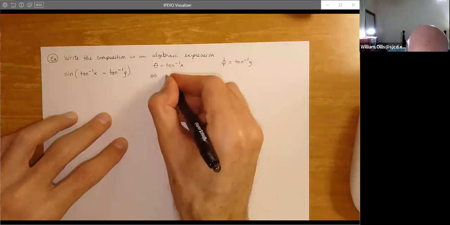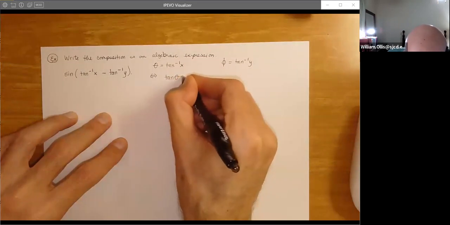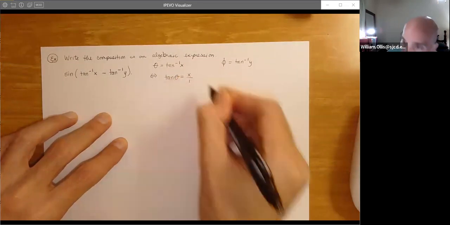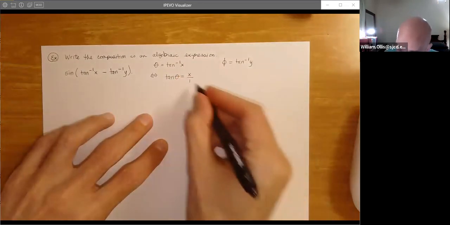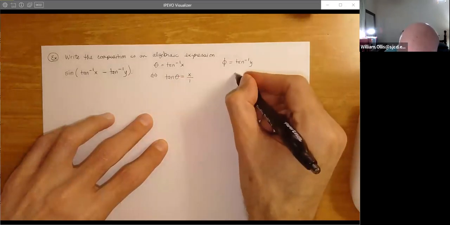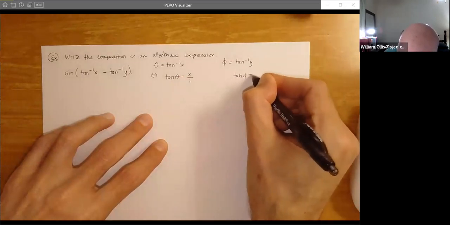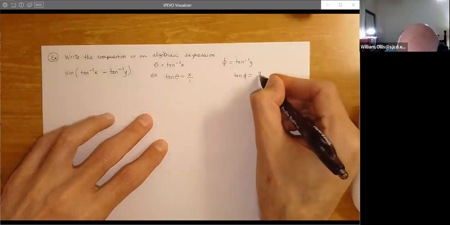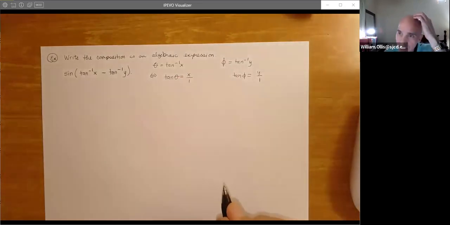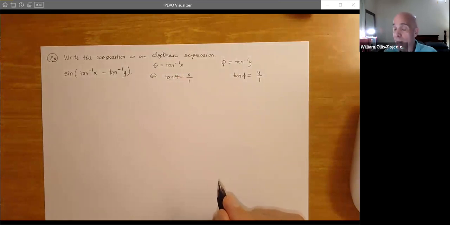We've done this a million times. So tangent of theta is x over 1. Just write it as a ratio. We choose this because it's easy. And then tangent of phi is just what? Y over 1. So now we can see that we don't have to learn any new techniques. We just have a new identity, so we can apply the old technique to the new identity.